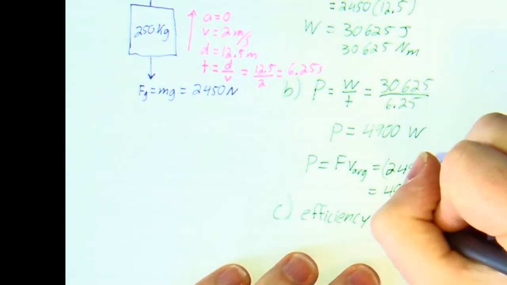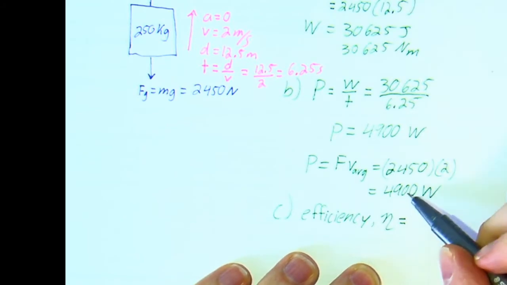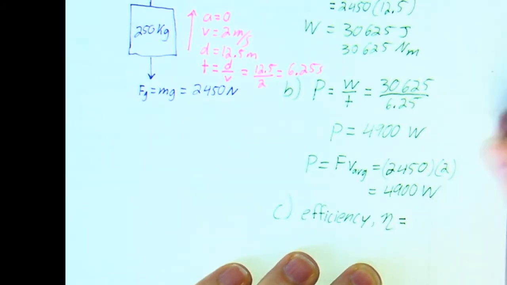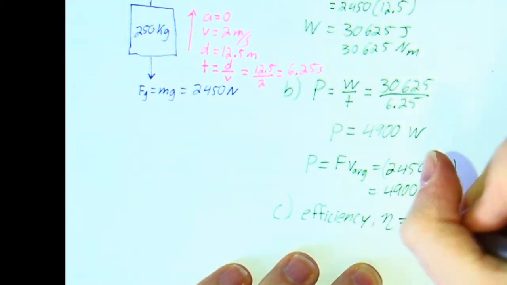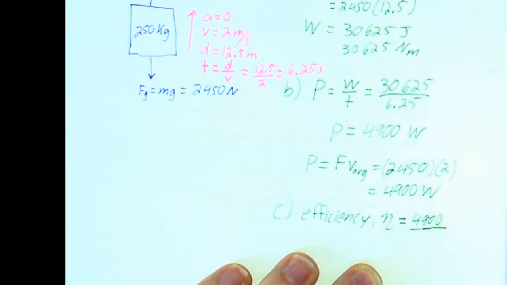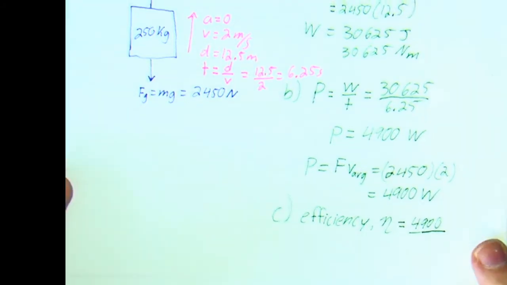So my output, how much power was actually used, that's 4,900 watts. That was the output given to us. But how much was put in? We are told in the question that the motor itself was a 10 kilowatt motor. And so what that means is this. Well, first of all, let's go back up here.